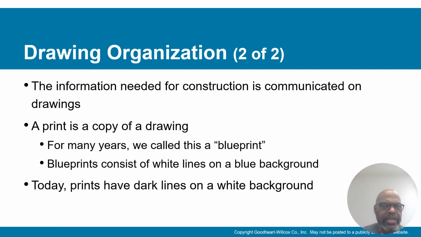So a print is a copy of a drawing. The original drawing used to be drawn by a draftsman on paper and pencil, and then it would be copied over, sometimes by another person or using a copying type of machine or blueprint machine.